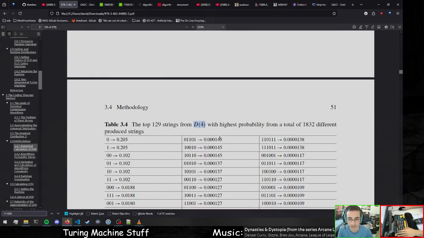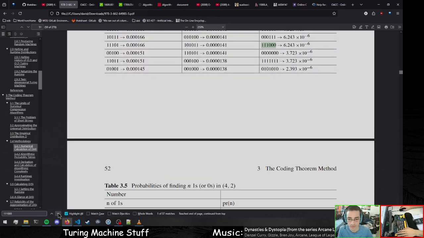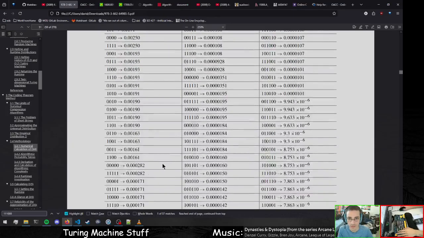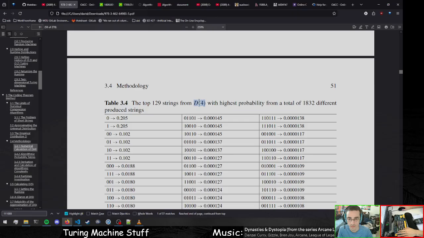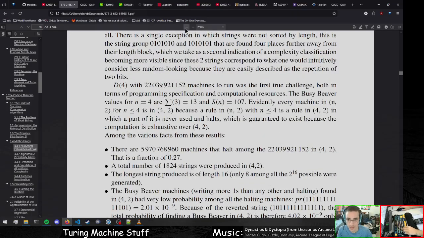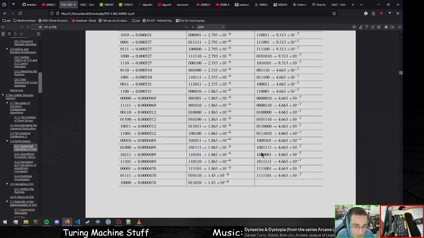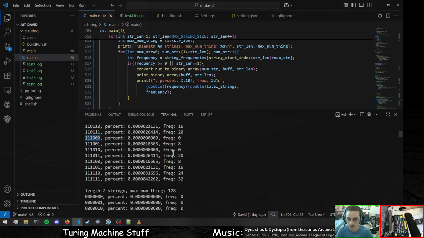But this is from D4. Is there another one? No. This is from D4. I calculated D3. Okay, I don't think that string appeared for D3. So that's good news.